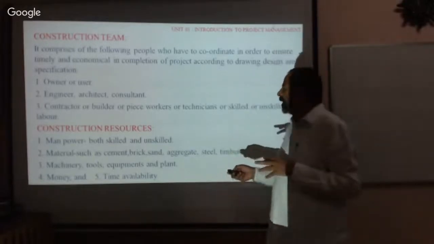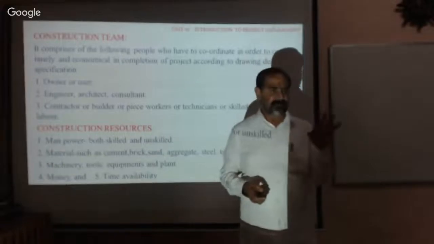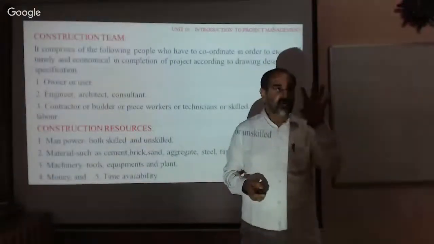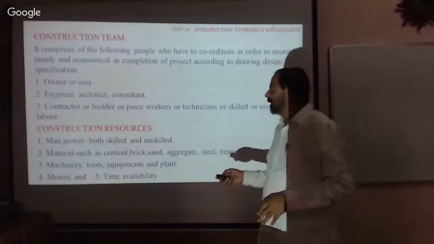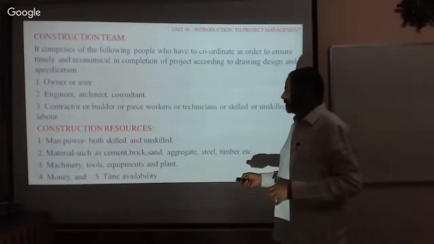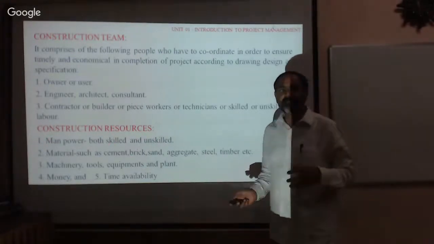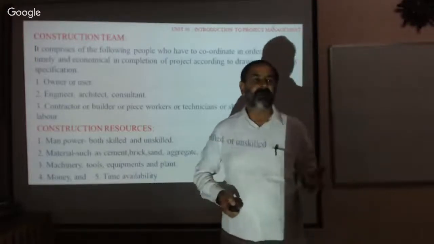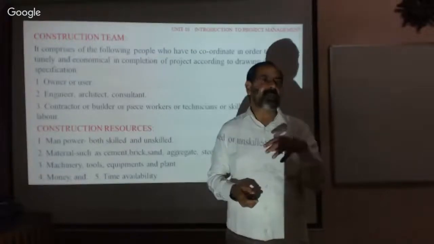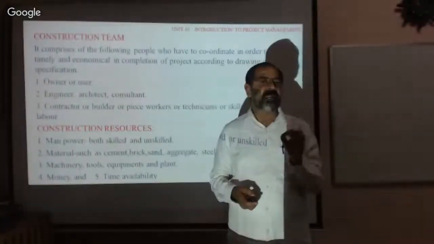The contractor is the person who builds the structure, who is actually involved in the project. And the manpower we have discussed, that is the resources, skilled and unskilled, and the materials. There are thousands of materials: advanced materials, natural materials, and also artificial materials, that is engineered materials.